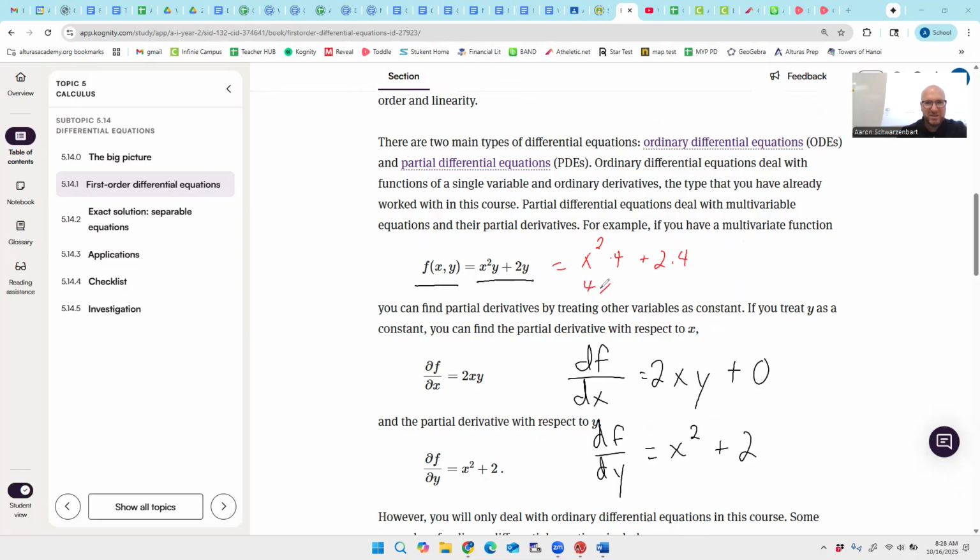So this would be 4x squared plus 8. And I do this derivative with respect to x. X is my independent variable. We get 8x plus 0. Well, y is 4, so 2 times 4x is 8x.